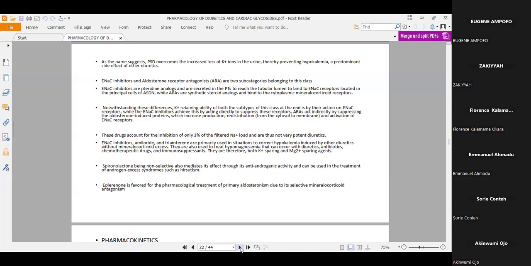We have two types of potassium-sparing diuretics, first inhibiting the epithelial sodium channels directly, while the aldosterone receptor antagonists do so indirectly. So examples of the epithelial sodium channel inhibitors are amiloride and triamterene, while for the aldosterone receptor antagonists, examples are spironolactone and eplerenone. Spironolactone is non-selective.